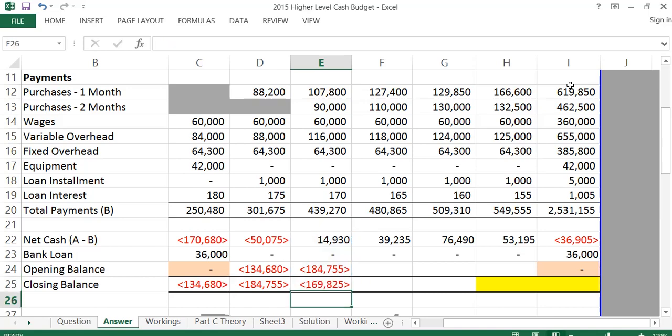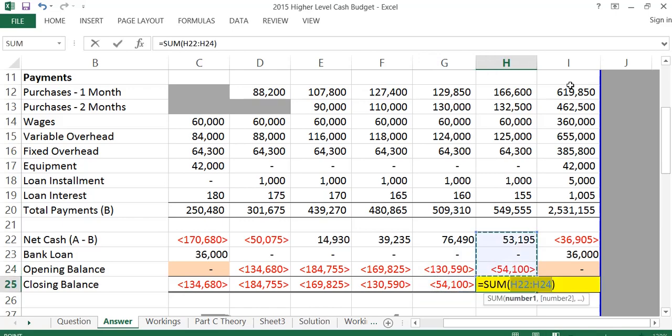And again, I just total them down, and I continue that process over. Now my closing cash in November was going to be my opening cash in December. And again, I total those down to give me minus 905.